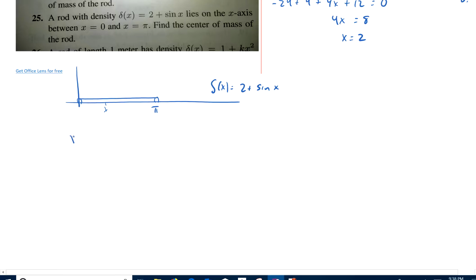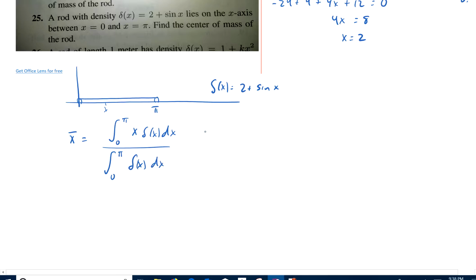Okay, so to find the center of mass, as we developed in class, is the integral from 0 to pi of x times delta x dx divided by the integral from 0 to pi of delta x dx.